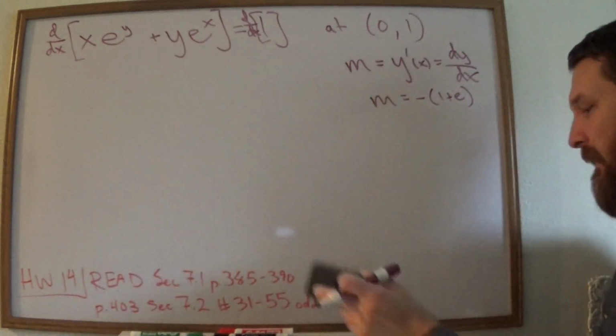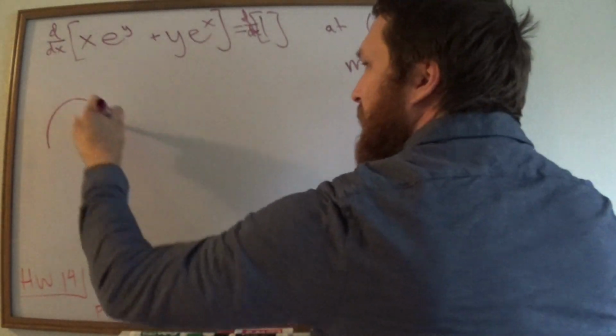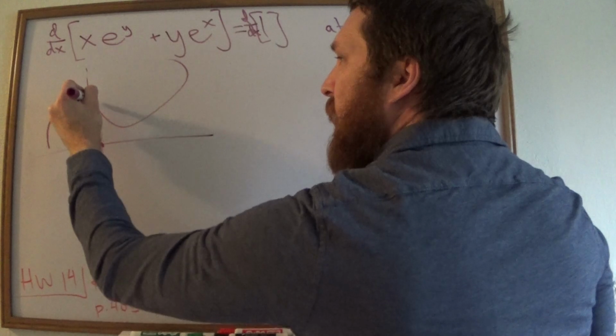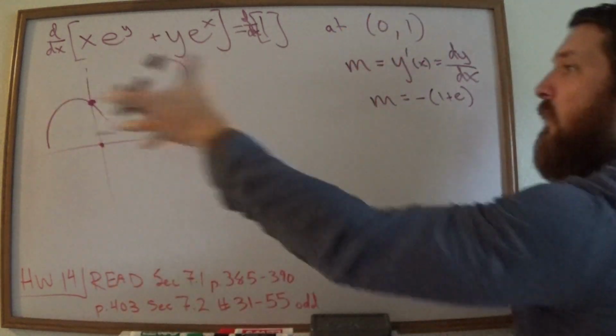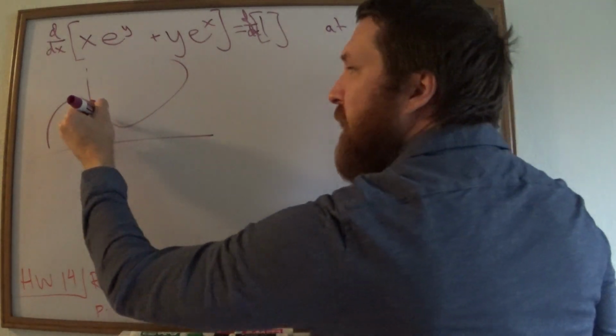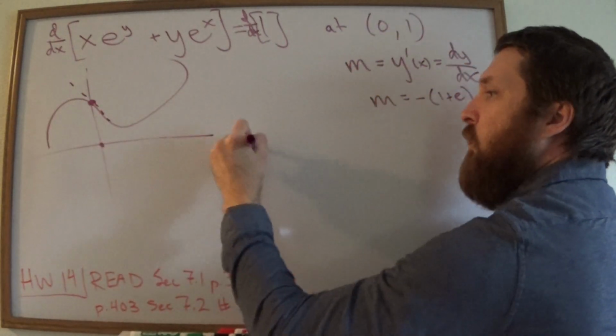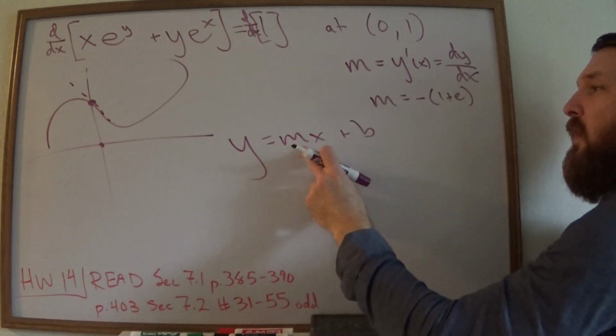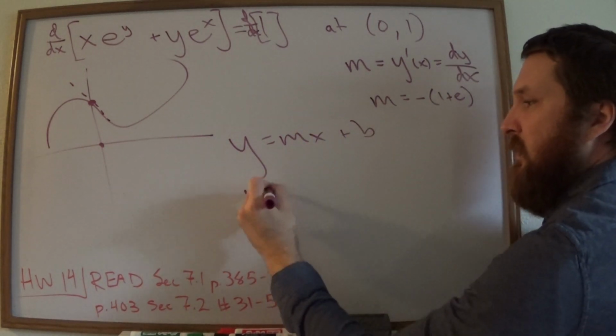So we have some kind of crazy curve, and here at (0, 1), we found that its derivative is negative 1 minus e, so we want y equals mx plus b. We know that m is equal to this.